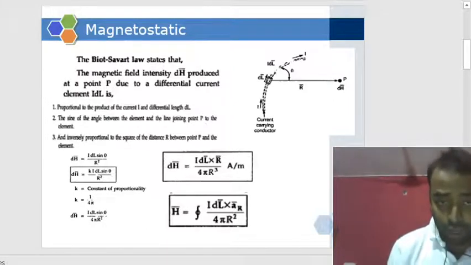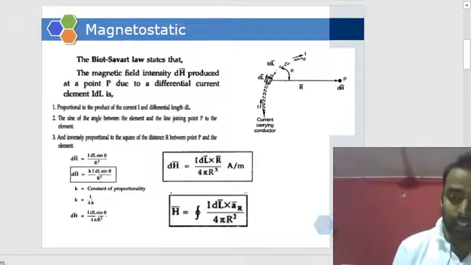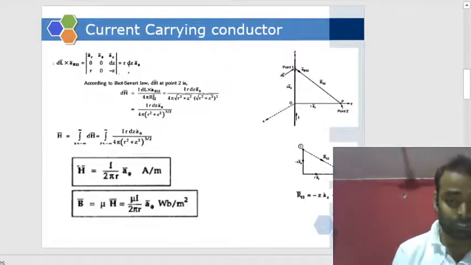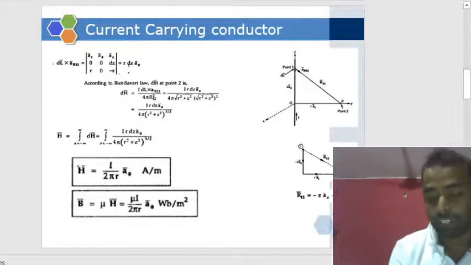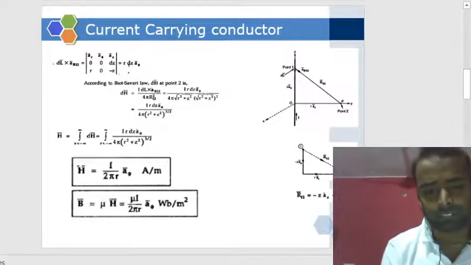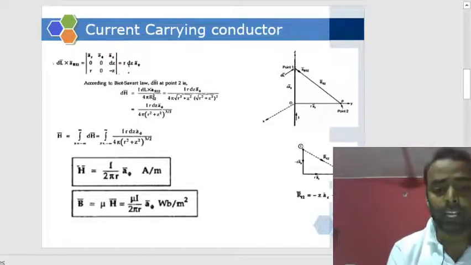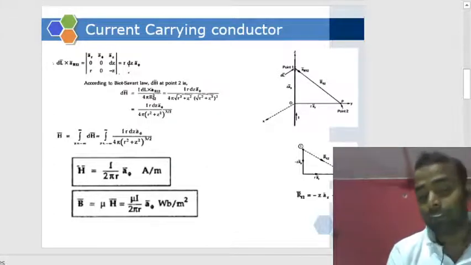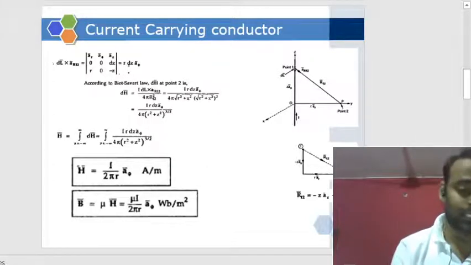So with this law, we can determine various things, and use it for various applications, such as I'm taking here a current carrying conductor. What will be the magnetic field intensity and magnetic flux density?